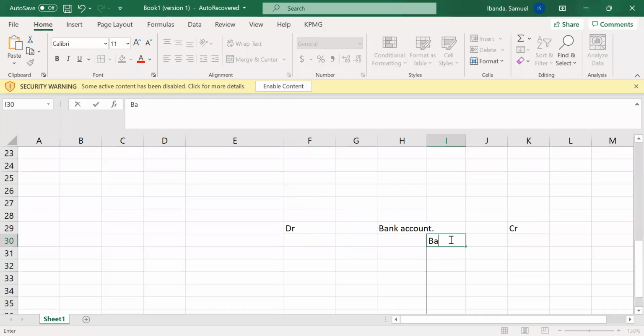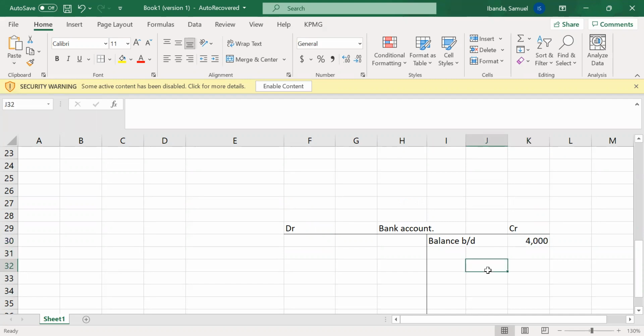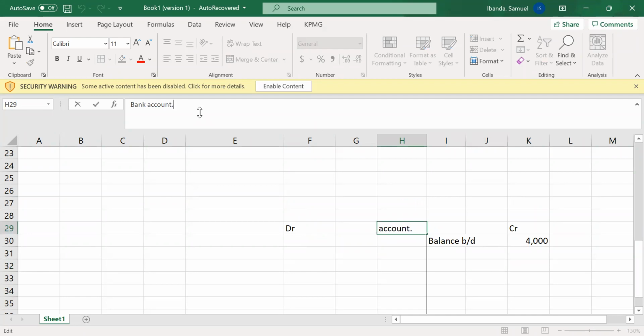So you come here and say balance brought down of 4,000. You can also include the degree of precision: these amounts are in UGX 1,000.